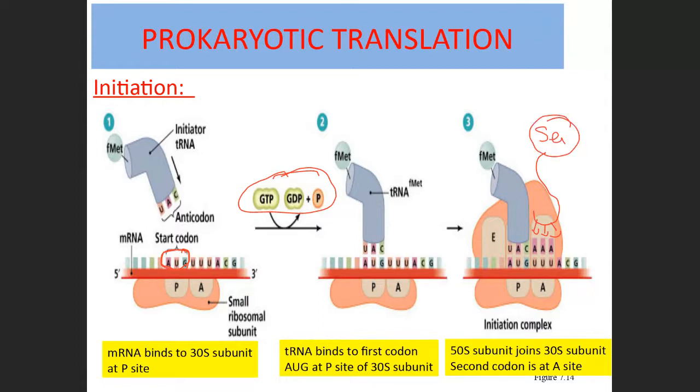Okay, so the next thing that happens, now you have two tRNAs together, and we have one amino acid and the other amino acid close to each other. Then here comes an enzyme called peptidyl transferase. It's going to create a covalent bond between these two amino acids. The enzyme is in another PowerPoint.